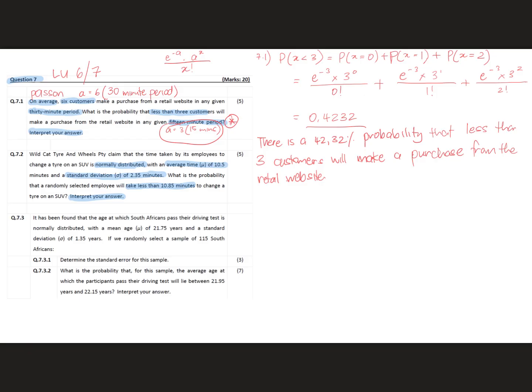So this question is based on your normal distribution or your sampling distributions. So here we have identified from the words normally distributed that it is a normal distribution. And also the fact that they gave you the population average of 10.5. And in this case, they gave you the population standard deviation of 2.35.